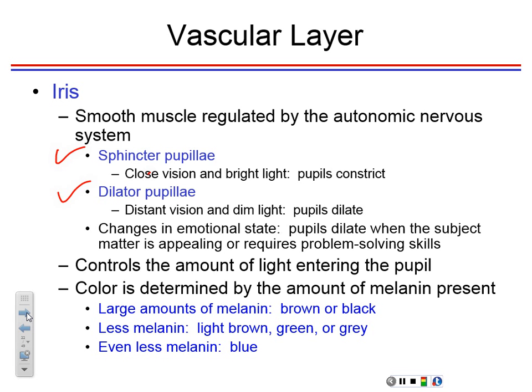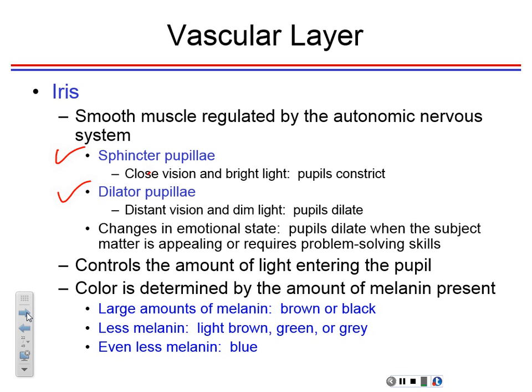Color is determined, of course, by the amount of melanin in there. So if you've got blue eyes, which happens in fair-skinned individuals, then there's not a lot of melanin in your eyes. All right. If you've got brown, like myself, or black, then there's a whole bunch of melanin in there.